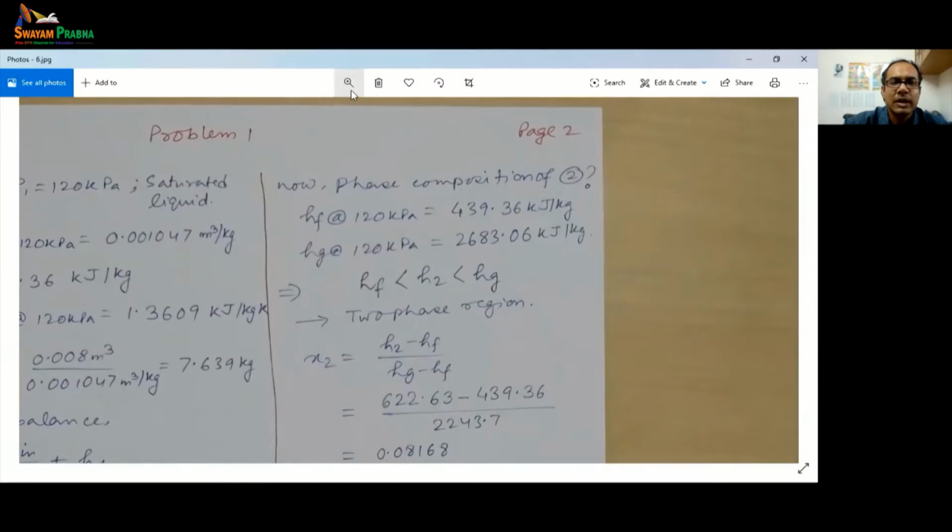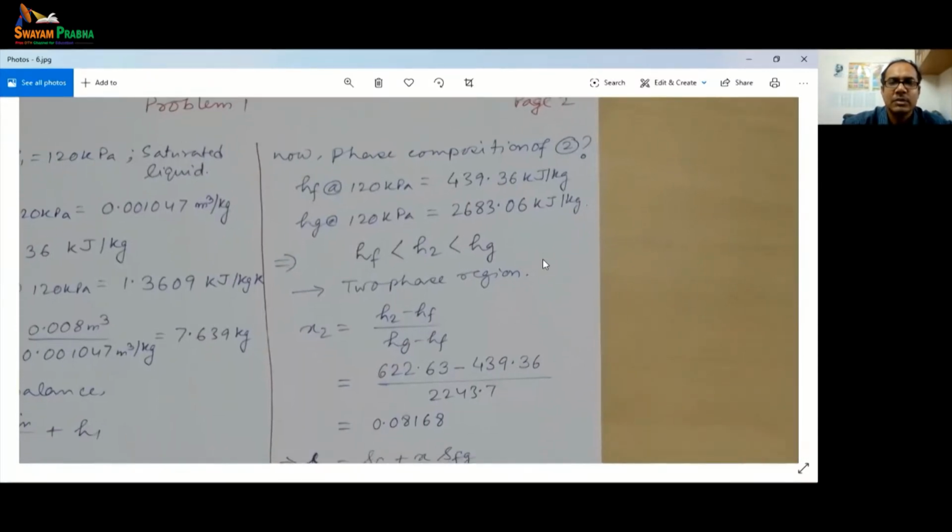But before we do that, we need to first find the phase composition of state 2. Phase composition means whether it is subcooled liquid, superheated vapor, or a mixture of saturated liquid and vapor. We did this a few times in earlier tutorials.